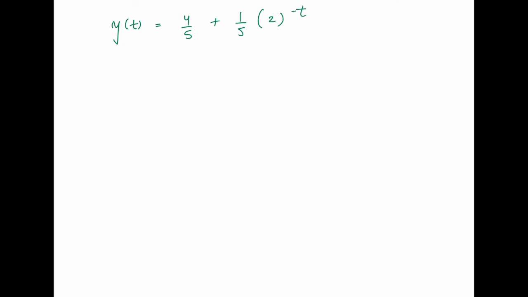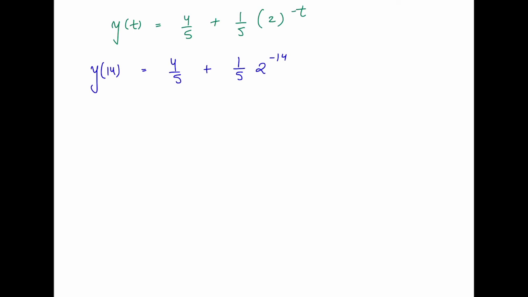And the answer they're looking for is the value after 14 weeks, so y of 14, which has 2 to the power negative 14. Does everybody agree this term is going to be very tiny? Because 2 to the power of negative 14 will be a gigantic number in the denominator. So that way it works out.